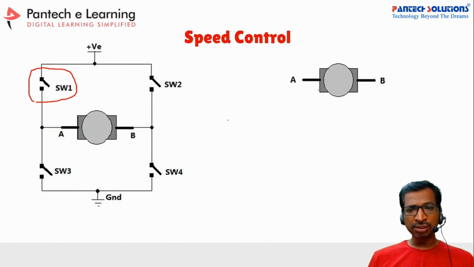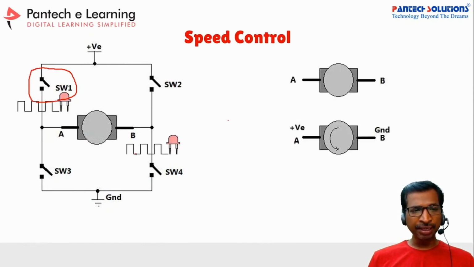Now the motor is in standstill position. Suppose you apply a PWM for switch 1 and switch 4, in that case the motor will rotate in this direction, let us take anti-clockwise. If you want to run the motor in this direction, you have to enable the switches S1 and SW4.